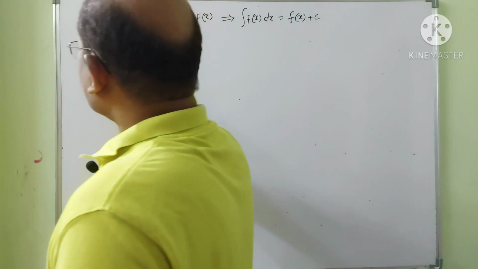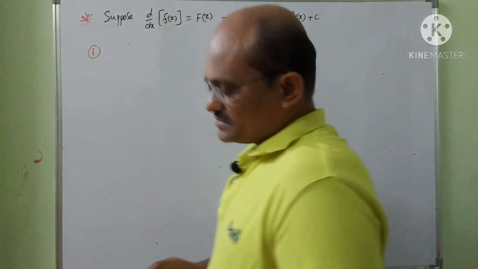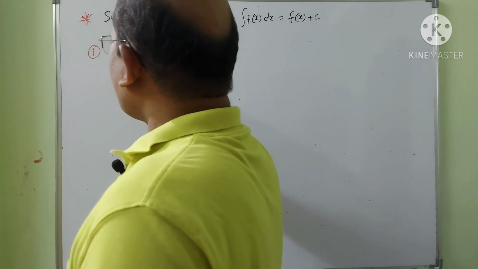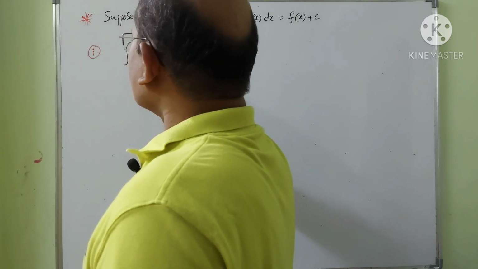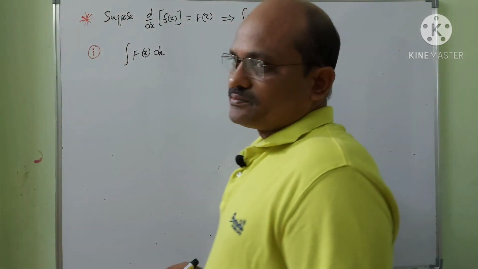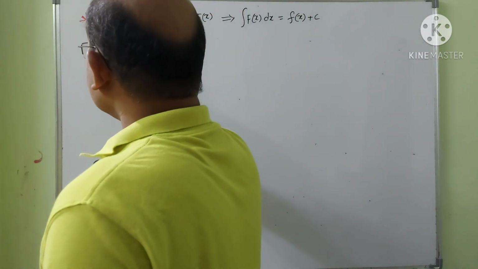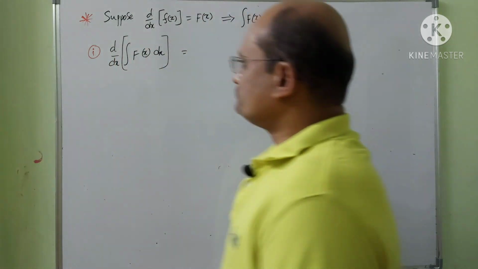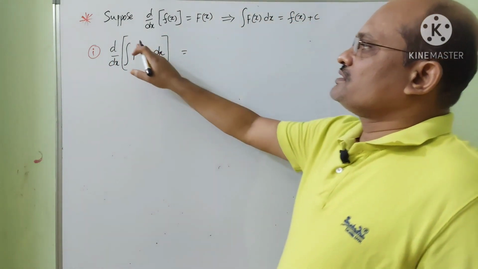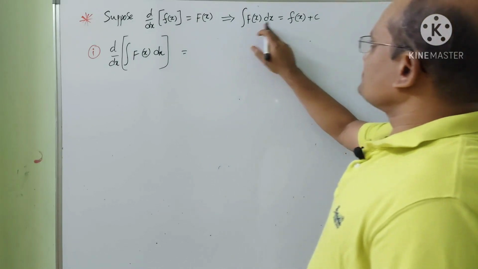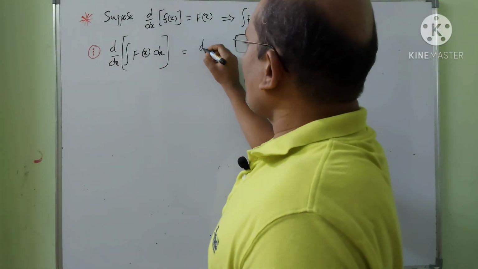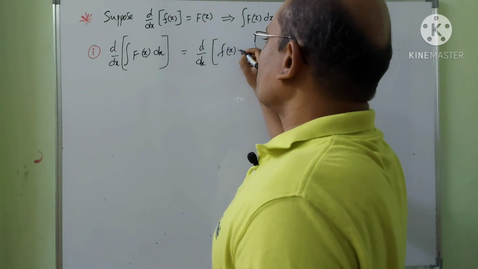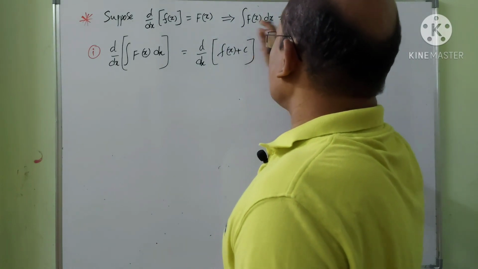Let us write a small concept. The integral of capital F of x dx. If we differentiate this, what will be the result? Let us discuss. The integral of capital F of x dx is nothing but small f of x plus c, by the definition.